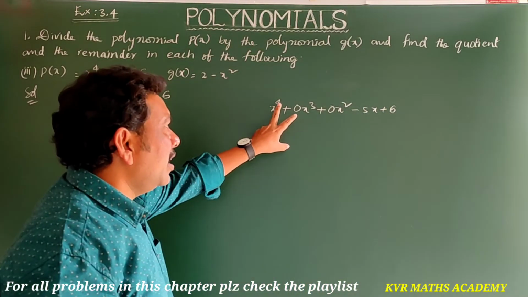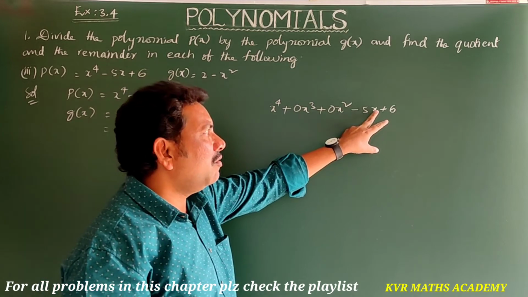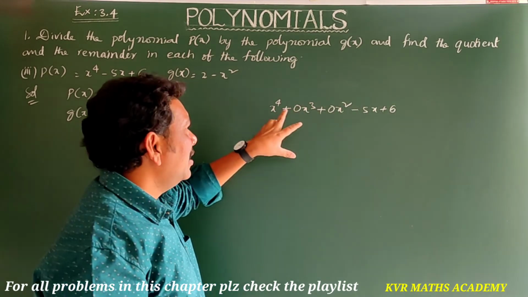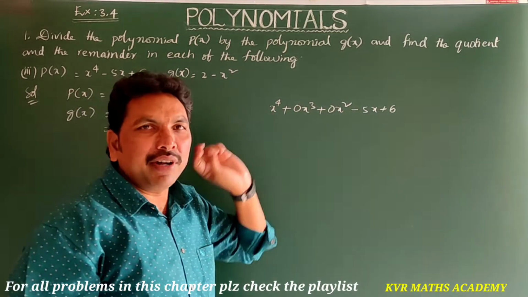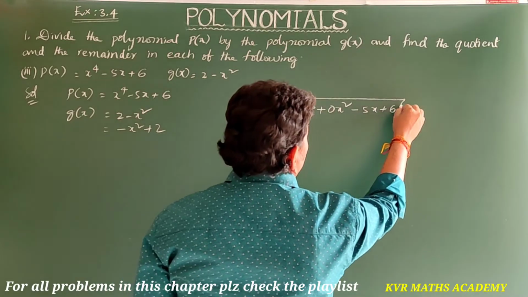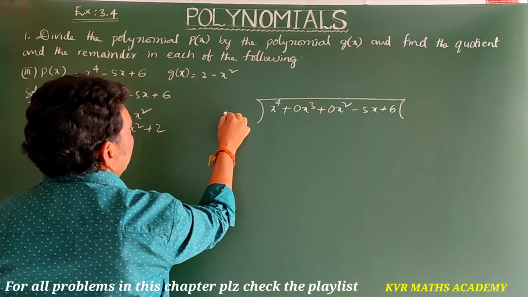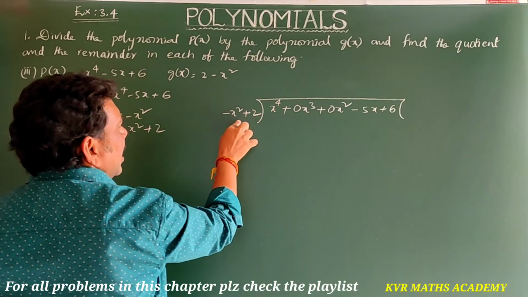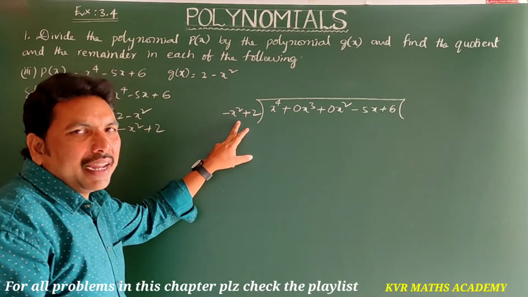Right. See on order 4, 3, 2, 1, not there, which means constant term. Right. So in order we have taken. Next, this is the dividend. Next, divisor is minus x square plus 2. Here not the x term, so need not to be taken, right?